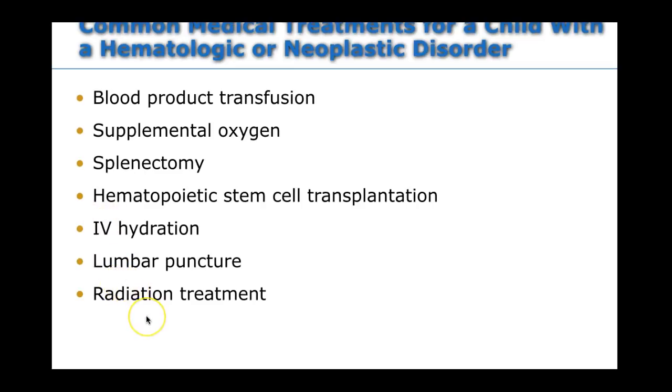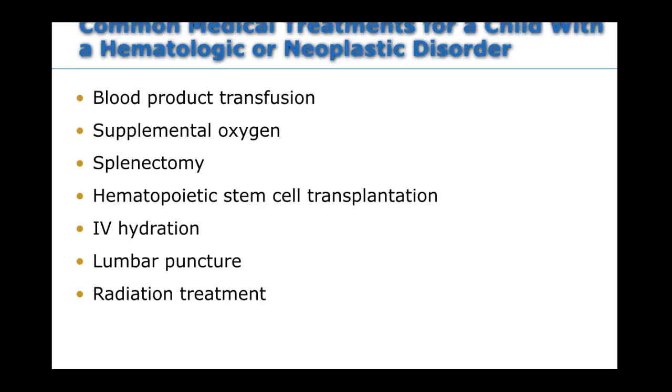Lumbar puncture, bone marrow transplant. Those are things that you might see if you suspect CNS involvement, central nervous system involvement, with the particular type of cancer or leukemia or situation that's going on. If they suspect that it's moved over into the central nervous system, then they might do a lumbar puncture to test for those cells.